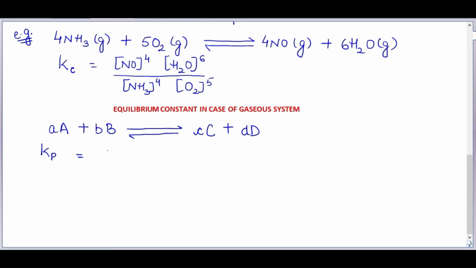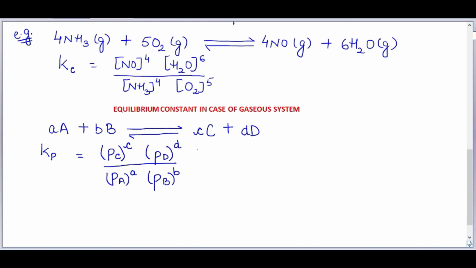So it will be partial pressure of gas C superscript small c into partial pressure of gas D superscript small d, divided by partial pressure of gas A superscript a into partial pressure of gas B superscript b, right?